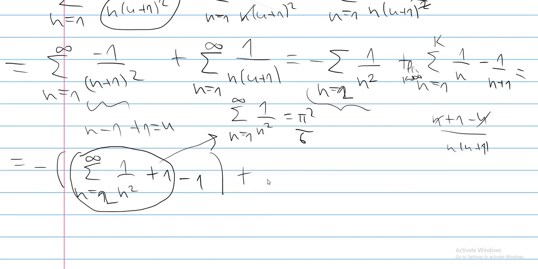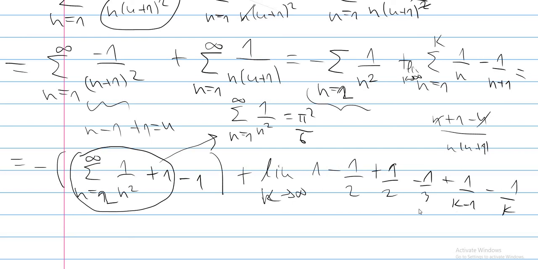Plus, and as you can see, a limit as k goes to infinity. This will turn into 1 minus 1 over 2 plus 1 over 2 minus 1 over 3 up to 1 over k minus 1 minus 1 over k.